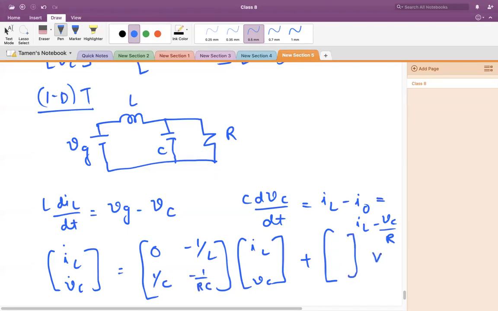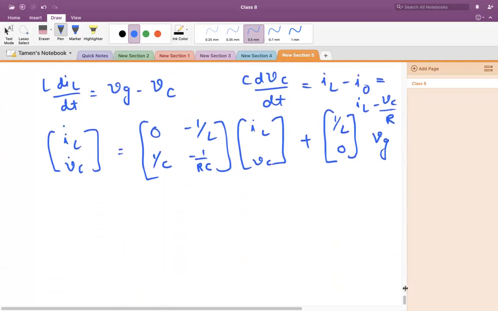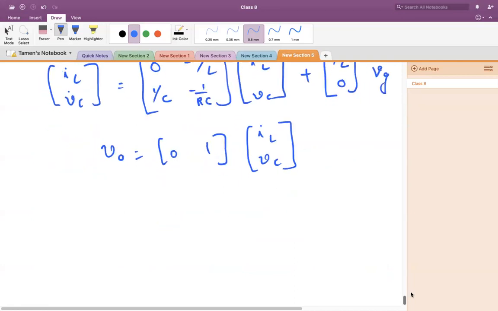What about VG? 0. And the output voltage is as usual, we'll get the same, 0 in terms of IL and 1 in terms of VC. So we get the two equations.